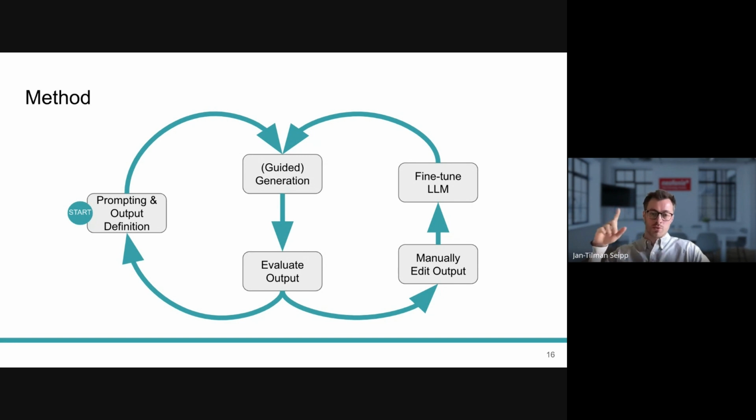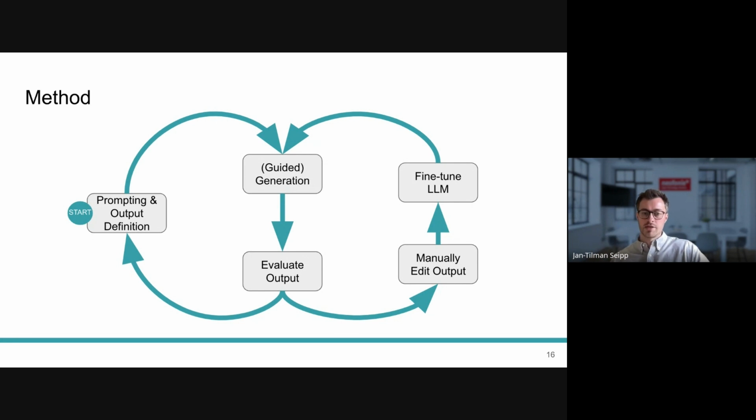And then we start a first cycle of guided generation, and for guided generation, we use OpenAI's function calling in a first run, and later on we use a templating method which only allows certain tokens at certain positions, so that we can ensure that our output definition from the previous step is matched in all cases. And then we go down the circle and evaluate the output.